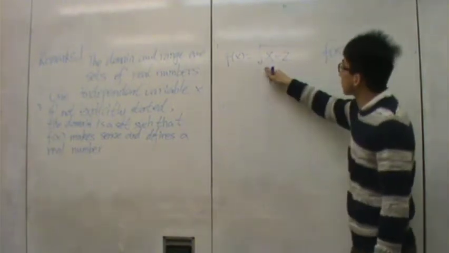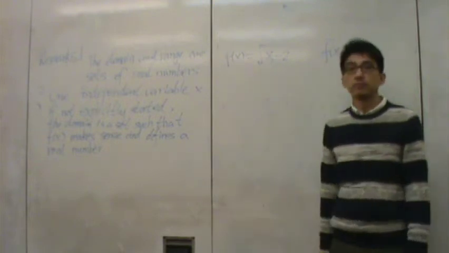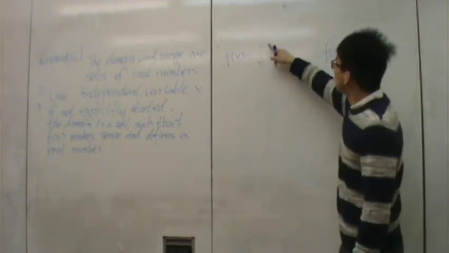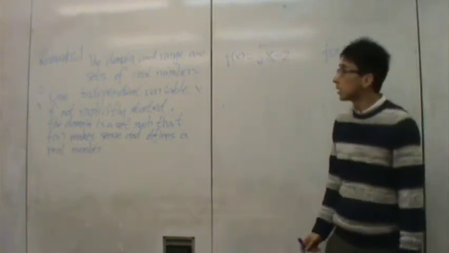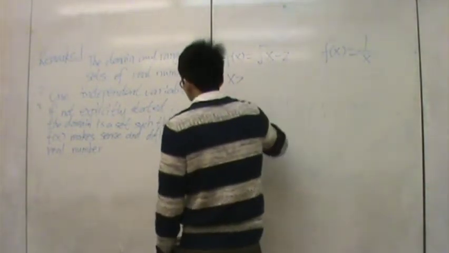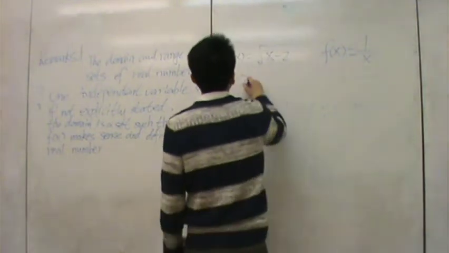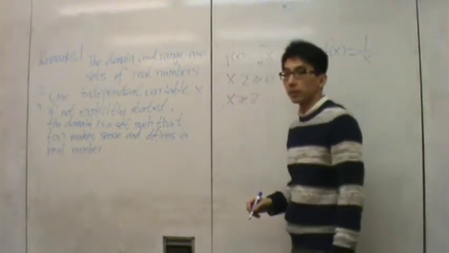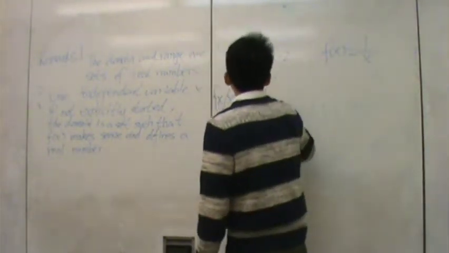For this function, what do you think? What's the domain of the function? Yes, we know that within a square root, the value must be non-negative, so we need x minus 2 bigger than or equal to 0. Equivalently, x is bigger than or equal to 2. So the domain is this set.